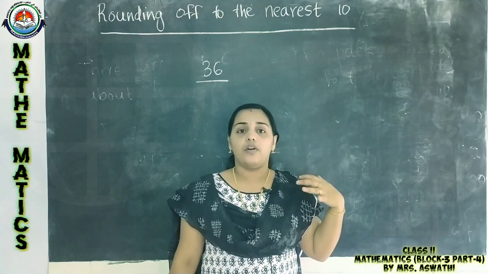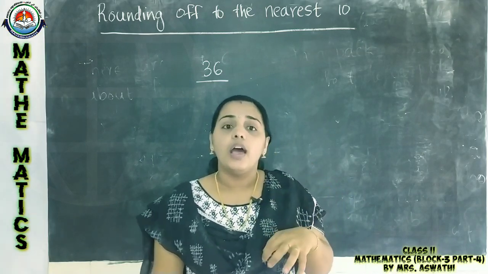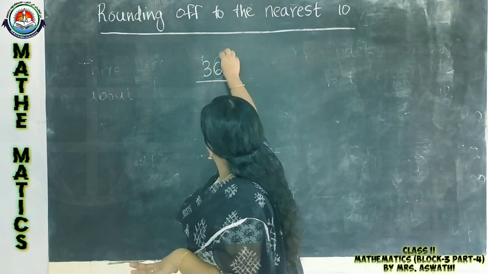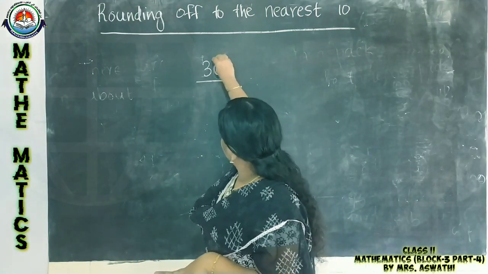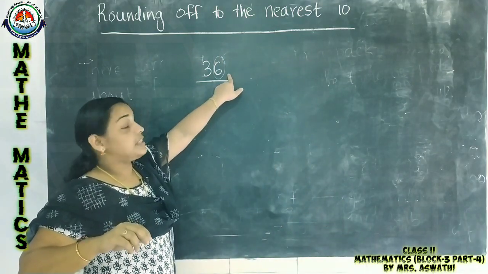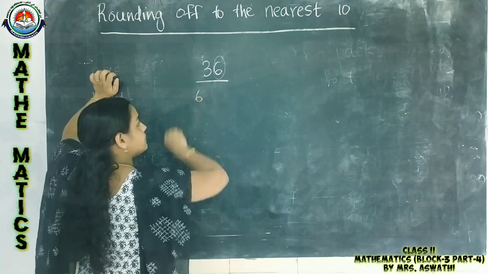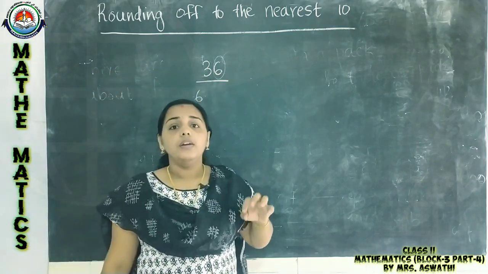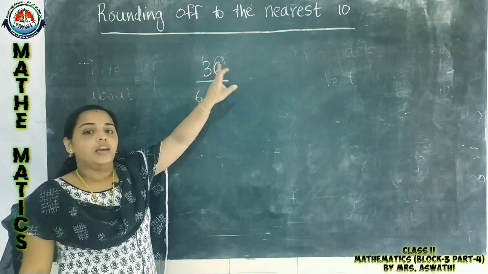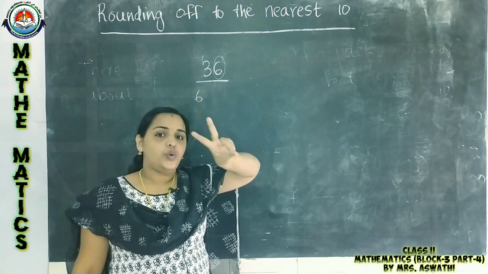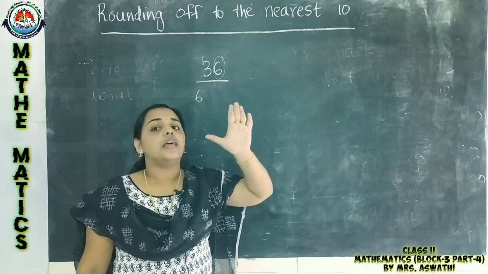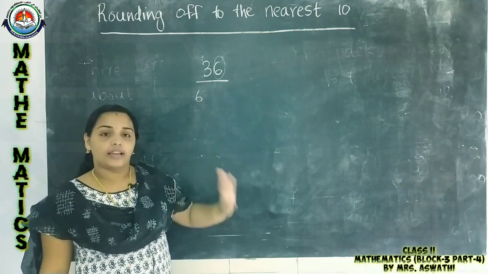First we visualize our number line in our mind. Then consider only the digit in the ones place. Which digit is in the ones place here? 6. So listen: if the number ends with 1, 2, 3, 4 and 0, we round it off to the smaller 10.